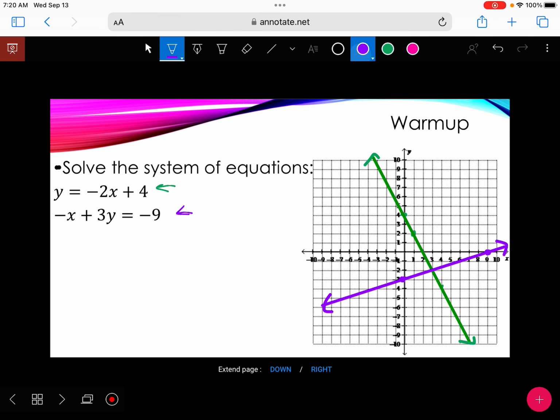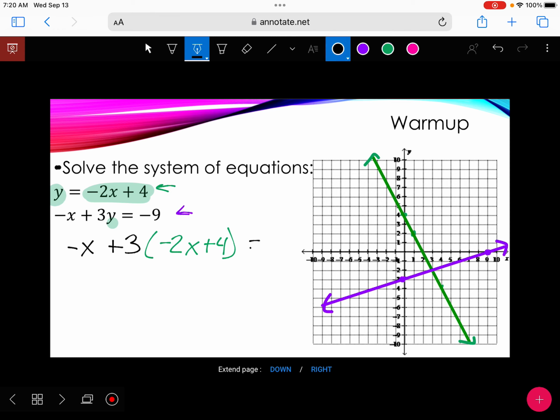We can always come in here and notice that y equals this piece and substitute that in place of the y to solve this algebraically to get -x plus 3 times -2x plus 4 equals -9. And solve it with substitution like we did yesterday.